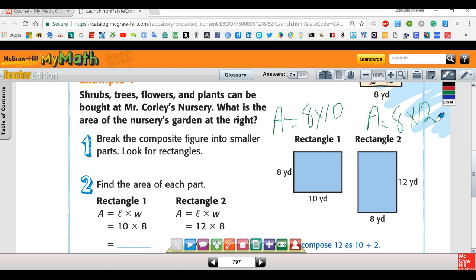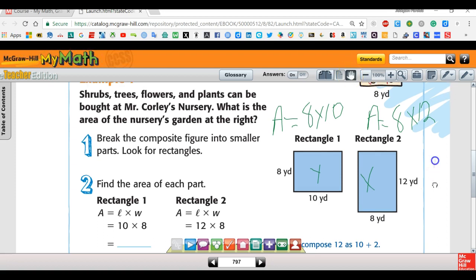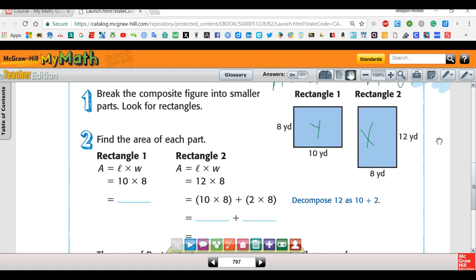It says break the composite figure into two smaller parts, which we did here and here. We said that the area for rectangle A is 10 times 8, which is 80.